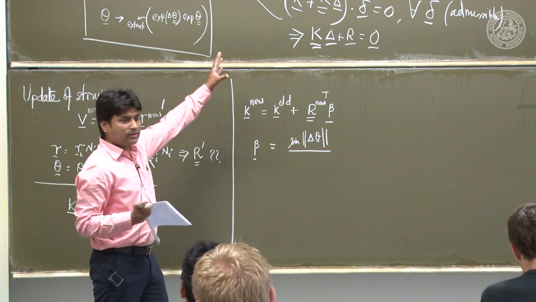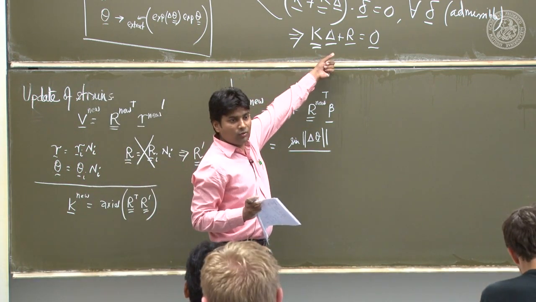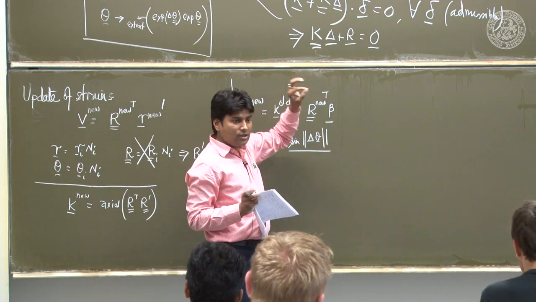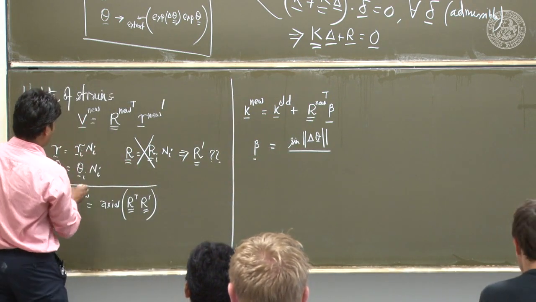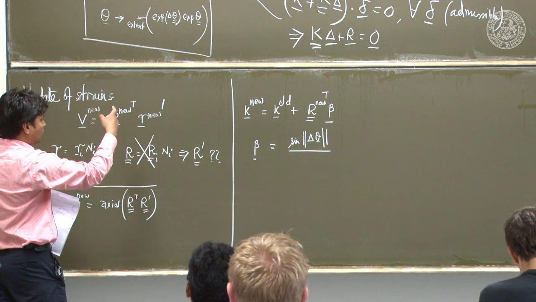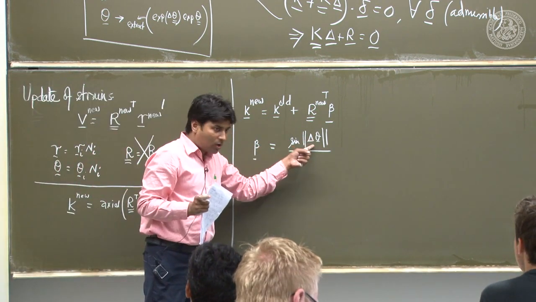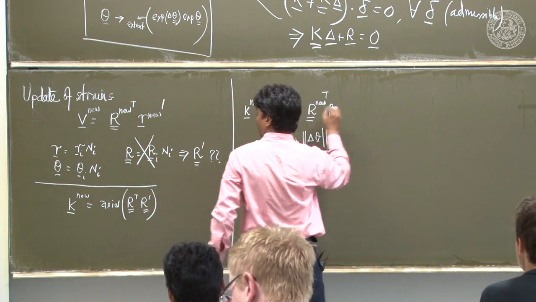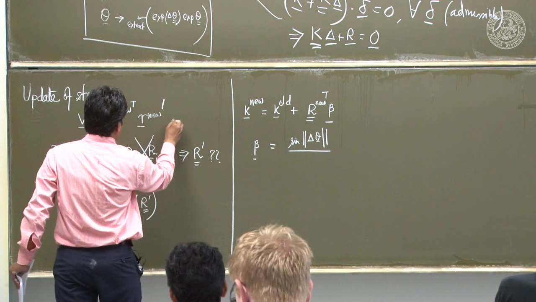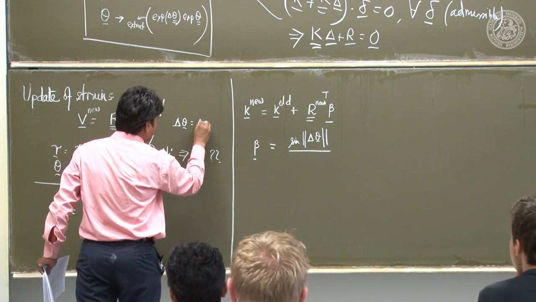You got your delta vector from Newton-Raphson, so you have this delta theta at each of the nodal points. Then you use the isoparametric concept, or interpolation, to get your delta theta at the quadrature point. So delta theta is written as delta theta_I n_I.